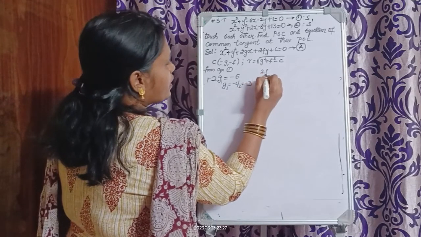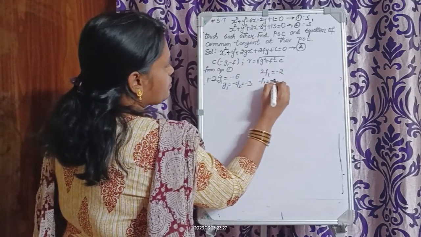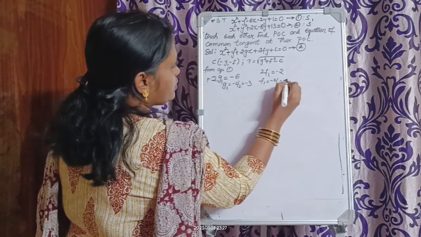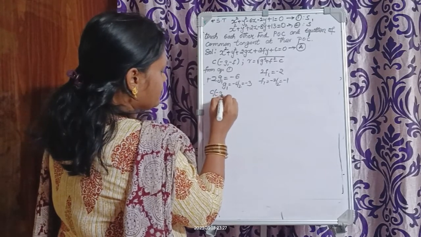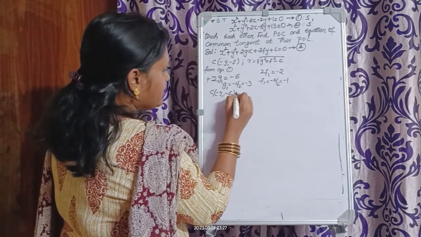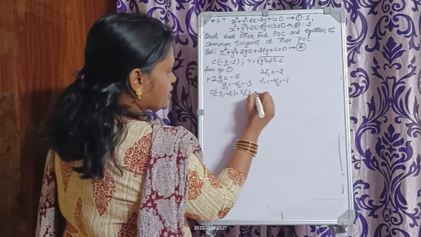Similarly, 2f1 is minus 2, which implies f1 is equal to minus 2 by 2, which is equal to minus 1. So the center (minus g1, minus f1) is C1 of (3, 1).